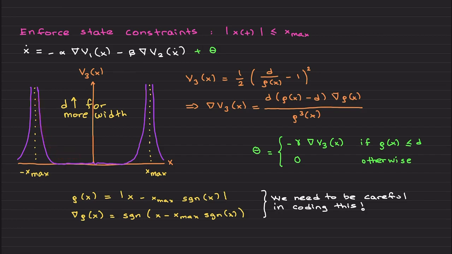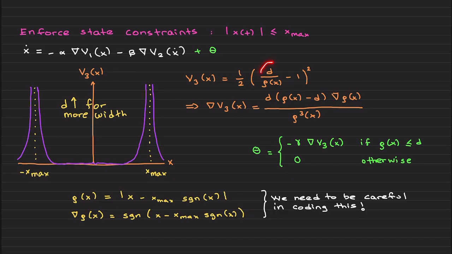So the punchline is, if you use this function along with this V3, by the way, this V3 is a popular type of function, also called a barrier function, and it is also used within the context of obstacle avoidance with potential fields. So it is a popular V3. So we are going to use a very similar one for obstacle avoidance.